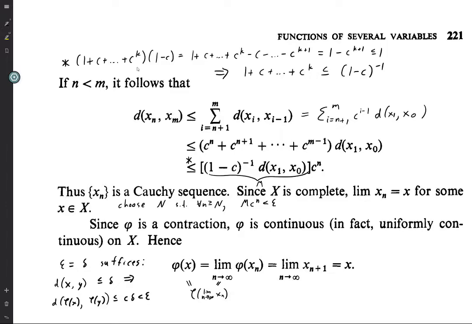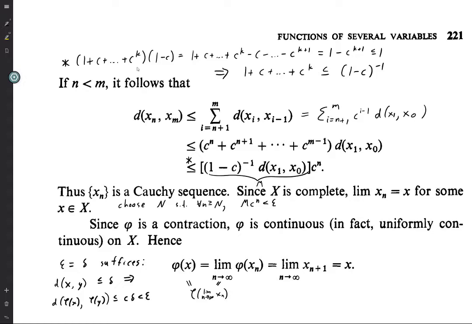If the contraction is trivial, then basically the function sends every point to a single value. Let's say phi of x equals y for all x in the space, and then y is your fixed point. So it still works if c is 0. But if c is negative, there might be some issues here, but I won't worry about it. Anyways, we're getting off track. The important thing is c is between 0 and 1. That's the important case here.